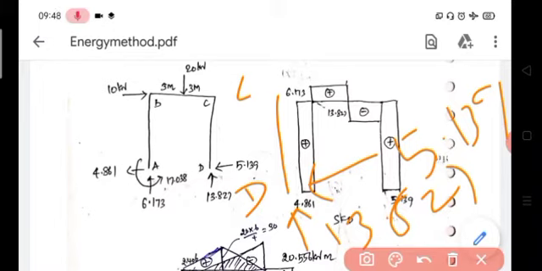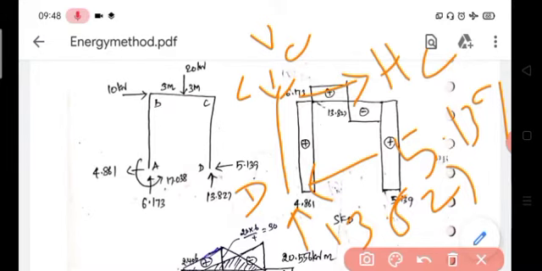At C, since it is a two-dimensional frame, at every point, at any section, we have to consider three kinds of forces: axial force, shear force, and moment. So at this point consider one axial force, take some Vc, axial force, then one shear force Hc, then one moment Mc.